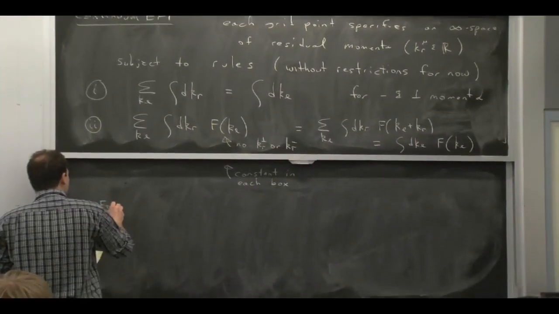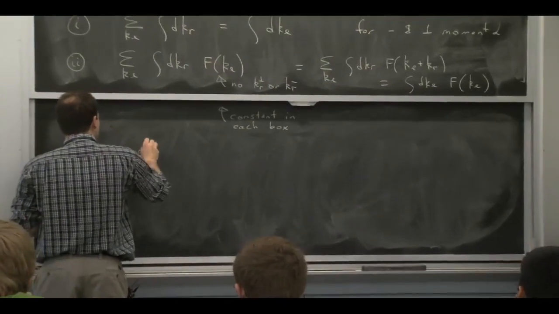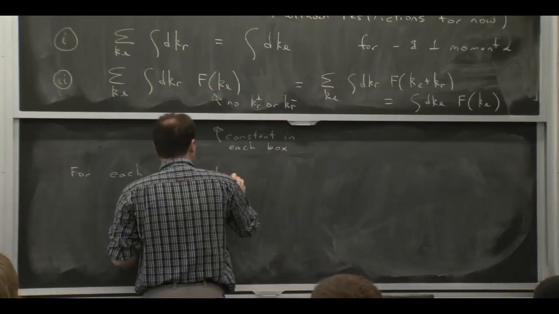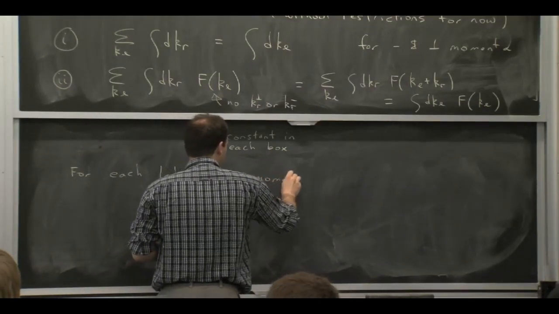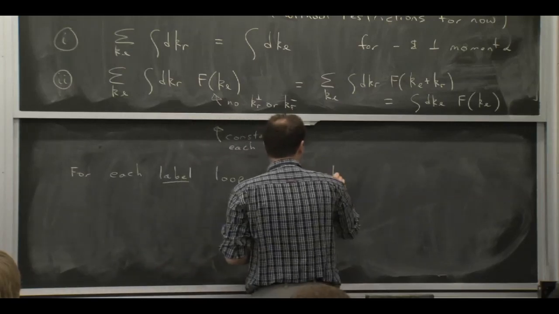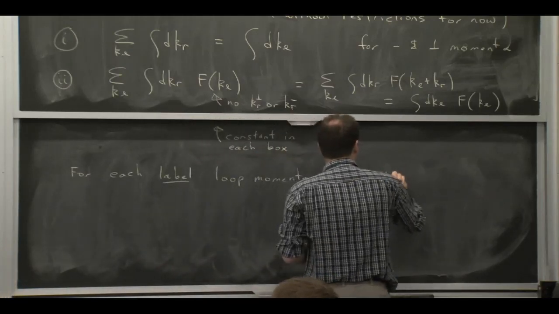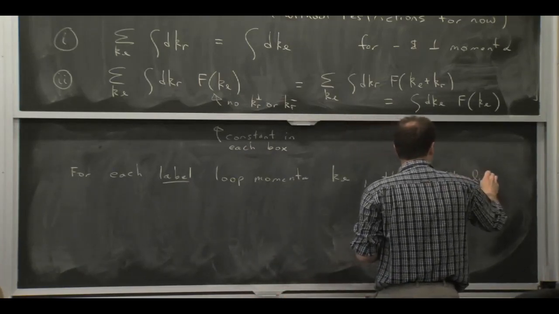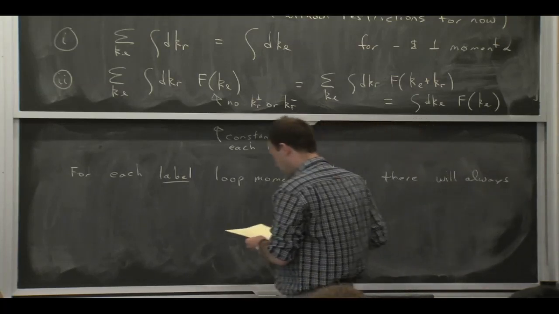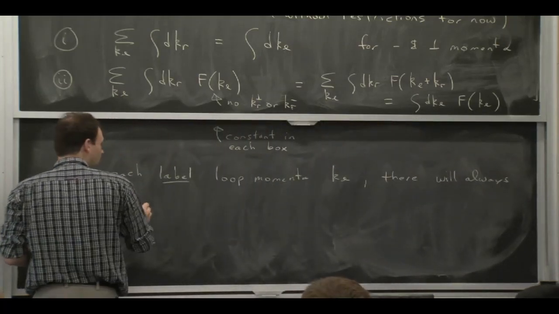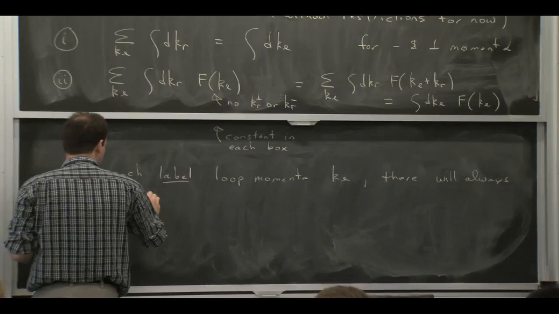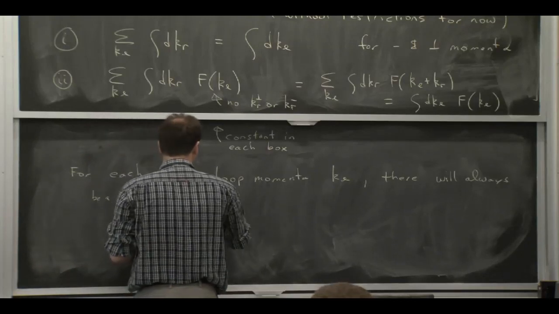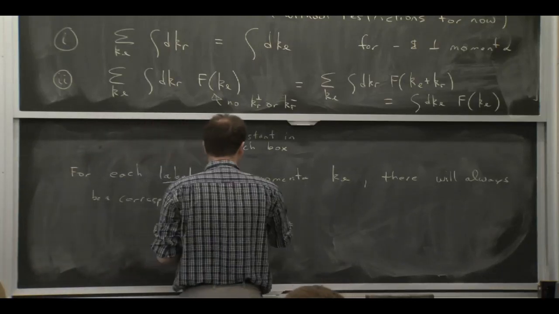So the reason why this works is the following. For every label loop momentum that there is in any diagram, there's always going to be some corresponding residual that's not specified by delta functions in terms of external momenta.